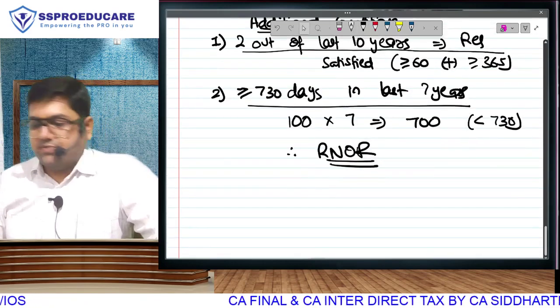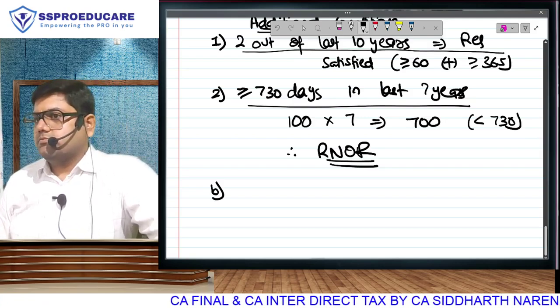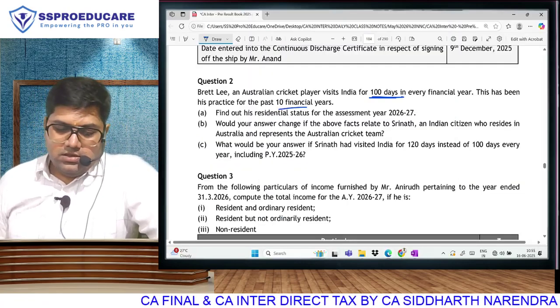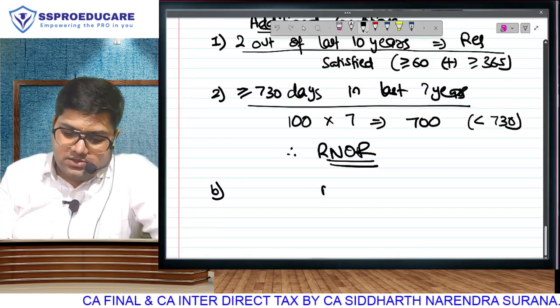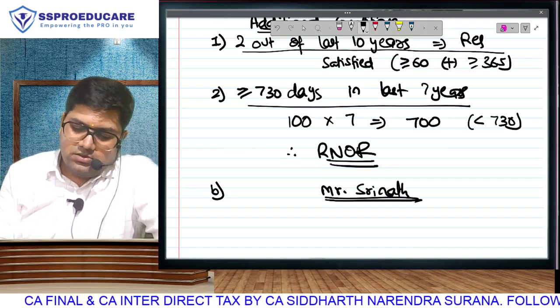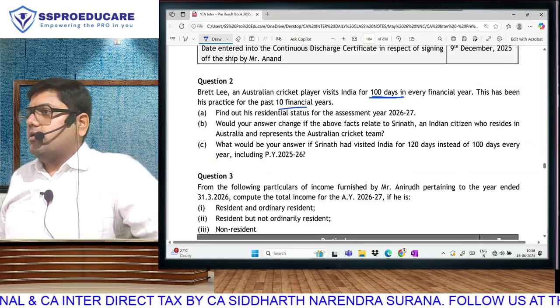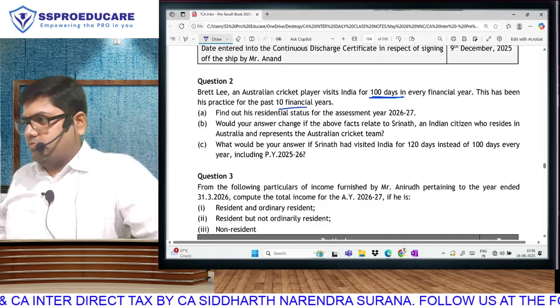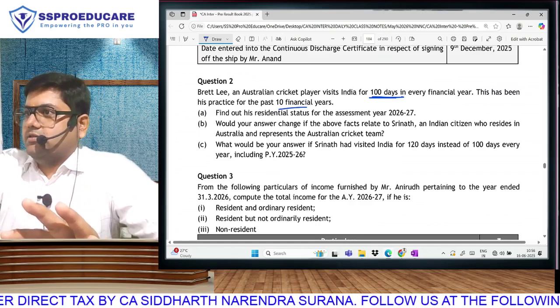Second part: would your answer change if the above facts relate to Mr. Srinath? The whole world is now talking about Hazelwood and Jasprit Bumrah, but the ICAI module is still stuck at Bradley and Javagal Srinath.